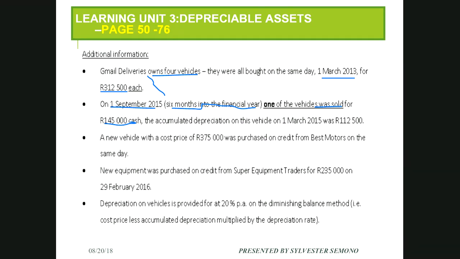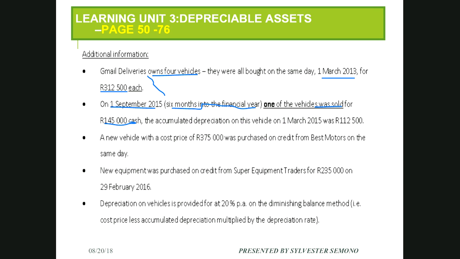But let me ask you something. How many did they sell? They sold 1. How much is the cost of the asset that they sold? It's 312. So 312 is the cost, and 145 is the selling price. Why do we have to differentiate? Remember, I told you that we can only depreciate costs.